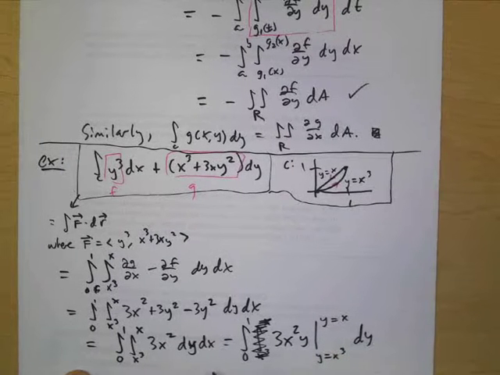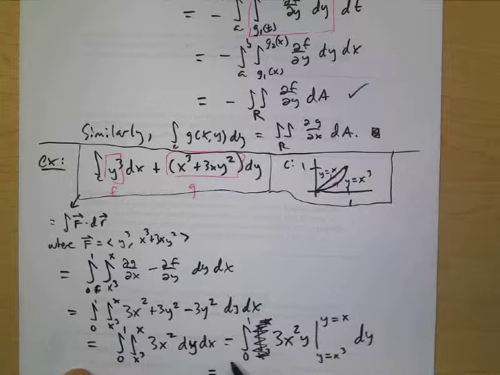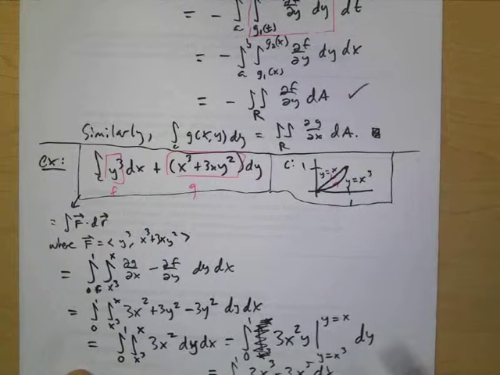So that's from 0 to 1. And if I plug in the bounds, we're going to get 3x cubed minus 3x to the 5th dx. Sorry, thank you.